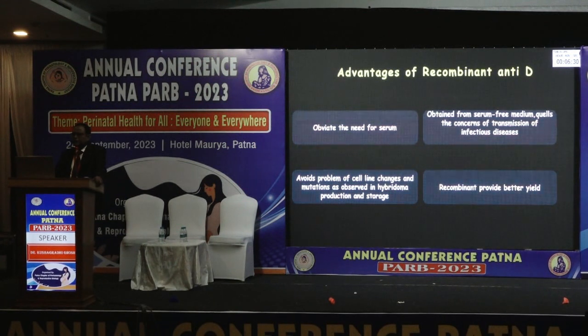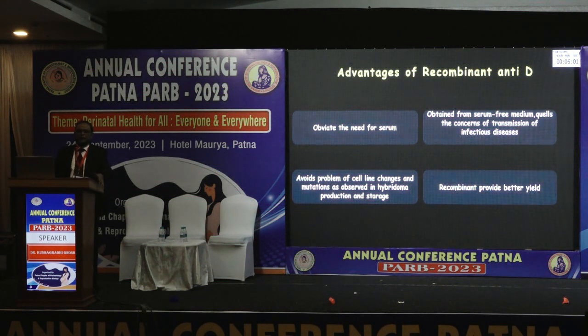So the advantage of recombinant anti-D is obvious: there is no need for serum products. It is obtained from serum-free medium. It quells the concern of transmission of infectious diseases. It avoids the problem of cell line changes, which was there in the monoclonal antibody. Because when there is a culture, what can happen is one of the few cells can go bizarre and produce a different type of culture, and the anti-D produced from that may not have that sensitivity.